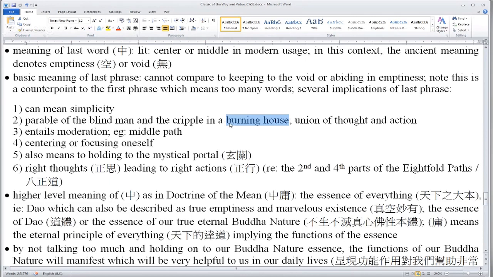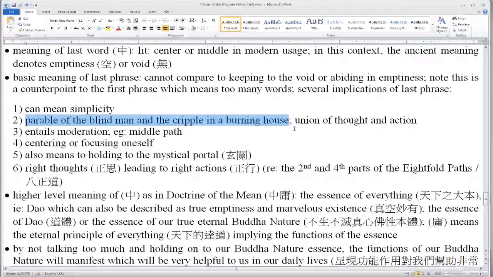In the Lotus Sutra, the parable of the burning house specifically deals with the three carts. But in this case, the parable of the blind man and the cripple in the burning house has to do with surviving.